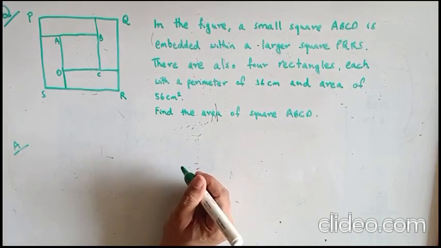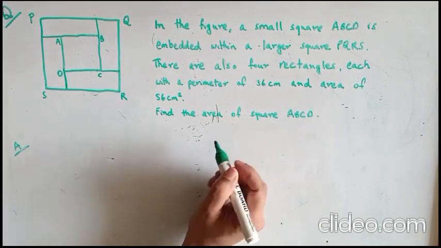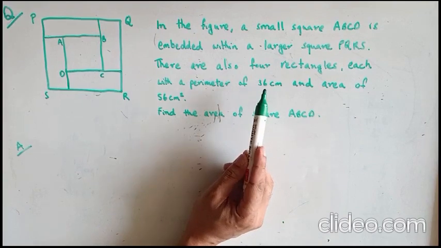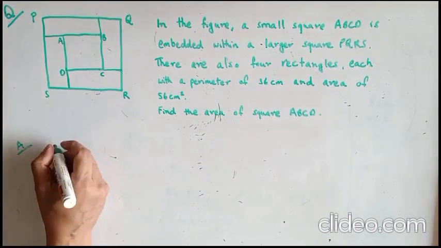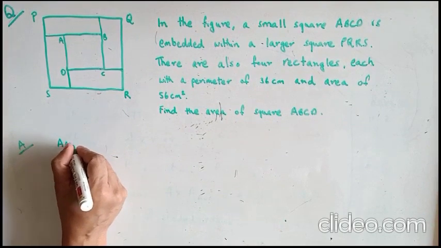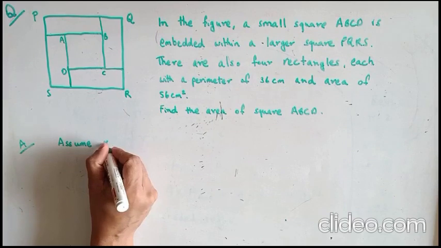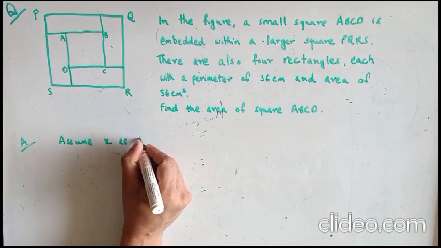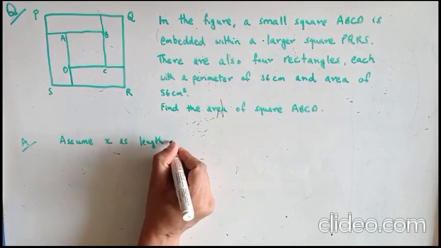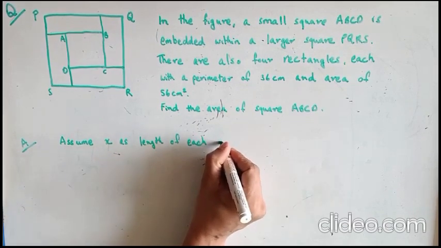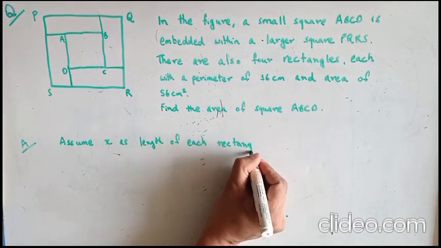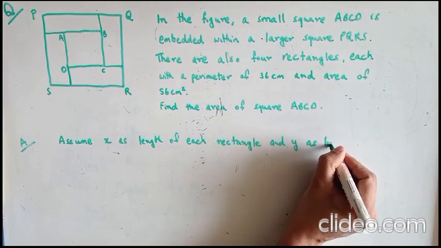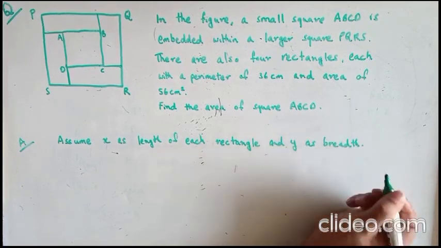Now, how should we solve this problem? First of all, we should spend some time understanding what will be the length and the breadth of each rectangle, right? So assume x as the length of each rectangle, right, and y to be the breadth, right?